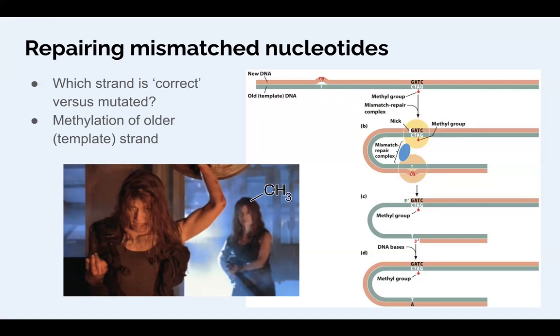And so in making a choice of which strand to fix, the cell is going to side with the strand that has the methyl group on it and decide that's the older DNA, and keep the T in this case and remove the G. So this is showing the removal of a larger strand and then a replacement of the strand with eventually the correct nucleotide across from that T.